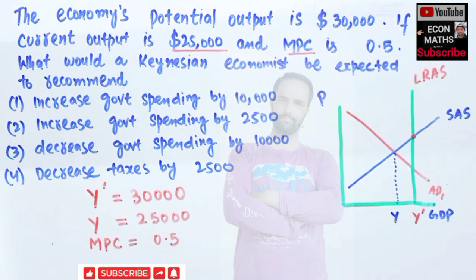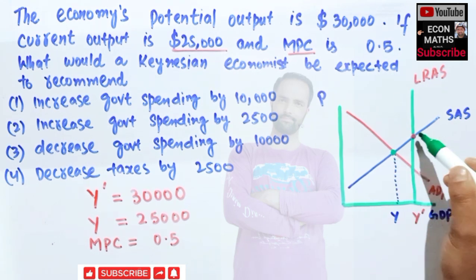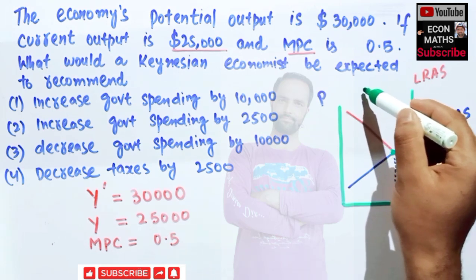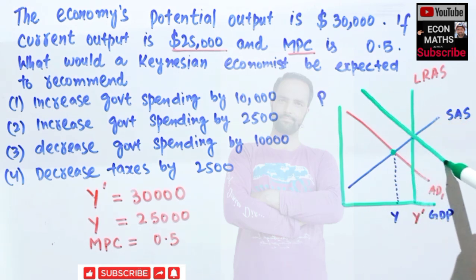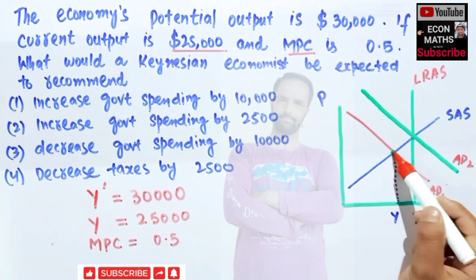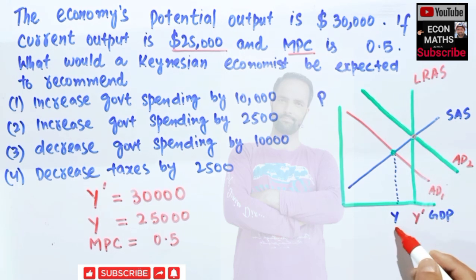To reach from this point to this point, let's draw our second aggregate demand, AD2. What should a Keynesian economist do to reach from the current output to potential output?